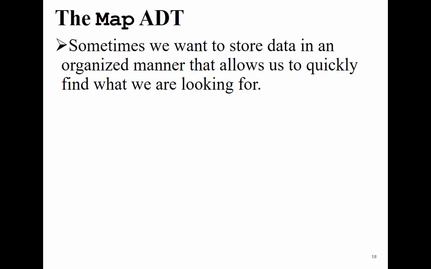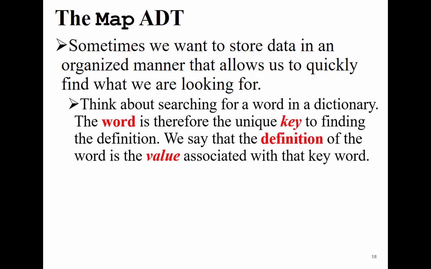What is the map as an abstract data type? It is actually the link between the key and the value. You link between the key and the value, which is the same as the dictionary. You want to see the definition of any particular word inside the dictionary, you start looking for the word, what's the first letter, and you start flipping the pages until you identify the word, and once you identify the word, you retrieve the value, which is the definition for your word.